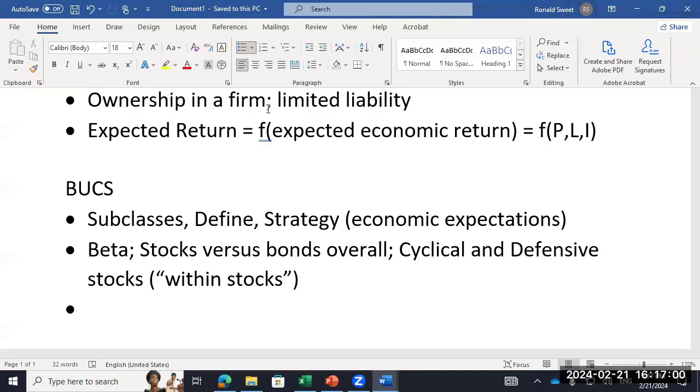You might be underweight stocks, but relative to cyclical, you're going to be overweight defensive. So overall, if I expect a recession, I want to reduce my stock allocation, and within stocks, I want to reduce cyclical and increase defensive. Any questions on that? You'll be saying "within stocks" on the exam a few times. So that's an important concept.